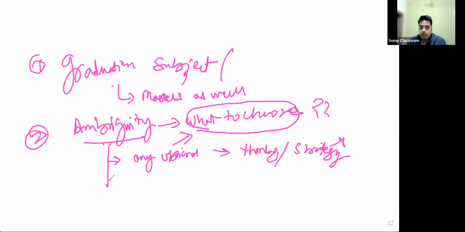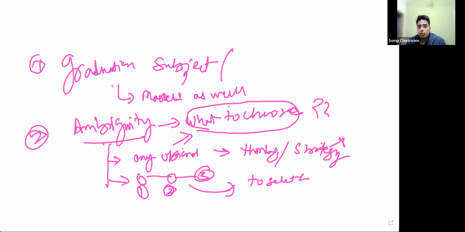The next category: they are the students who have chosen one or two or three optionals, but they are confused about how to select their optional. So if you are here, then it is very good that you have already covered your subjects and you have already decided that you have to sit in this examination with your graduation subject, as you are already interested in that subject, and you might go for masters as well while preparing.